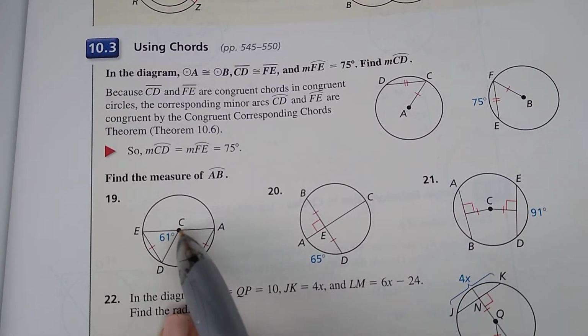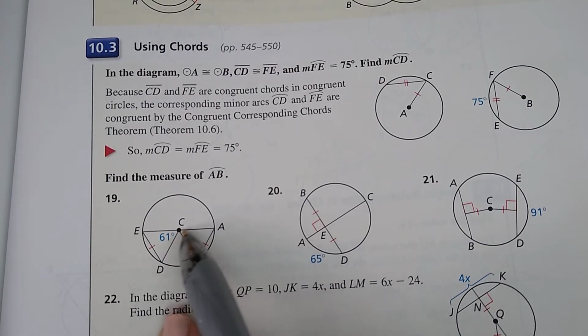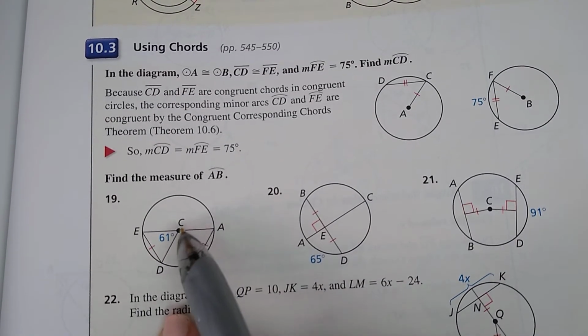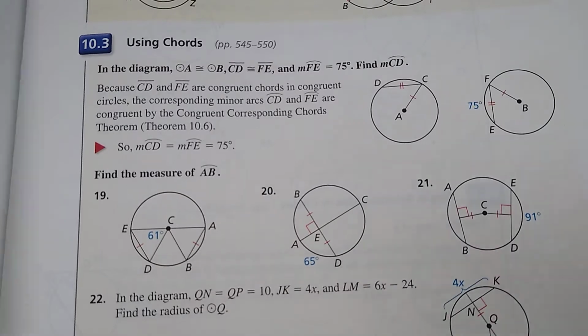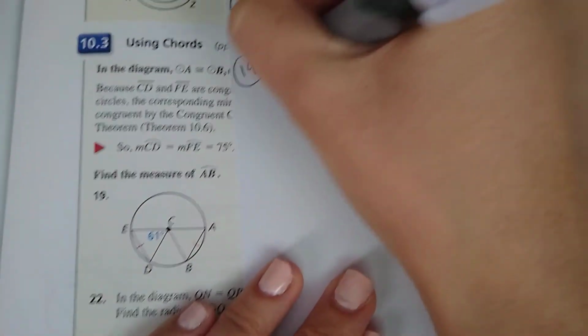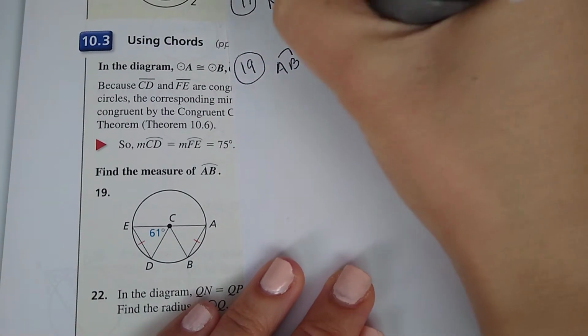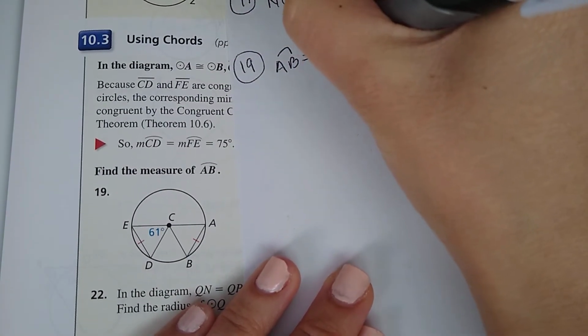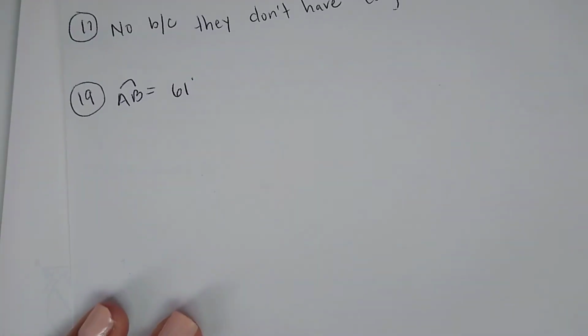And I know that this is 61, therefore this angle here is going to be 61, and because it's a central angle, arc AB is also going to be 61. So I'm going to write 19, and then the measurement of arc AB is equal to 61 degrees. Okay.